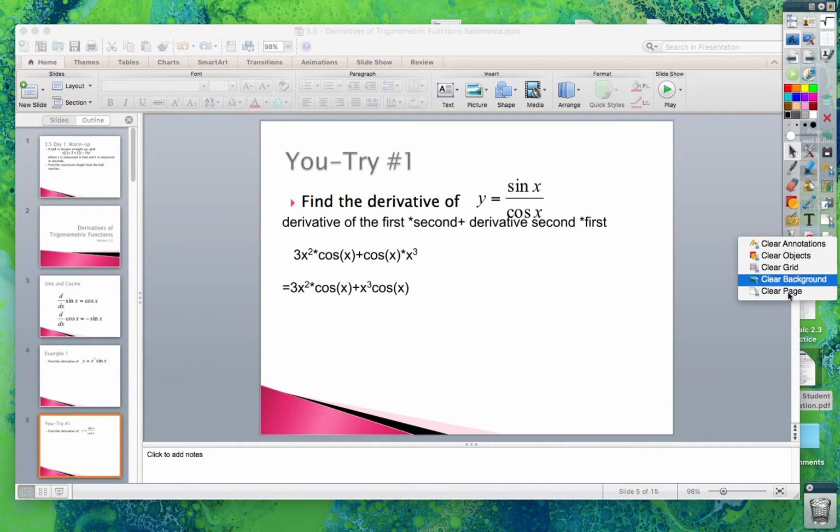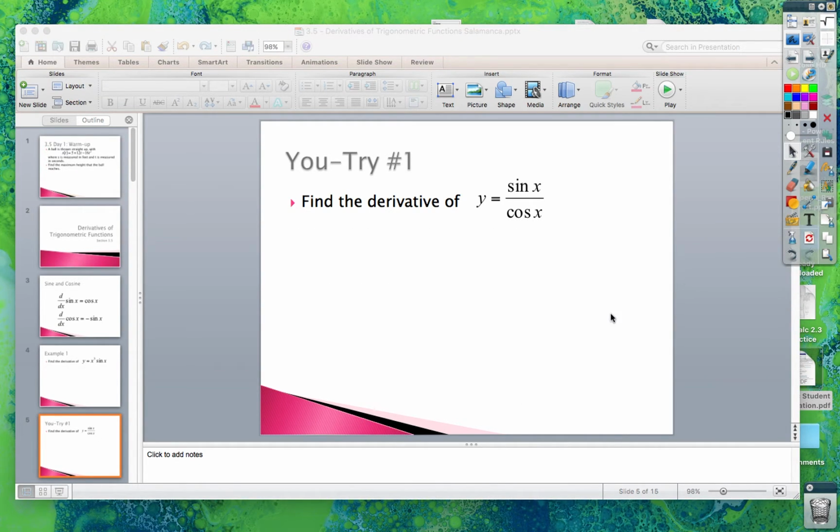Again, as we get to these try-it-yourselves, you want to make sure you pause it and solve it on your own. So here we have the derivative of sine x divided by cosine of x. So what we're going to do is go ahead and do the quotient rule. So remember, that's low d high minus high d low over low squared.